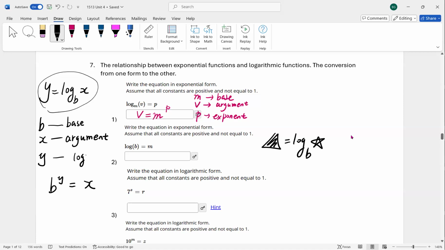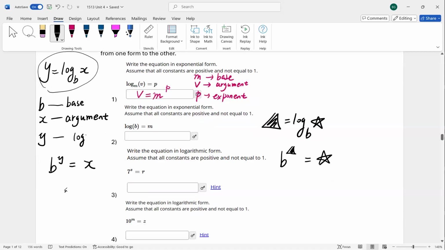So if we want to convert this equation to its equivalent exponential form, then we would have the base carrying the log. Since the triangle is the log, right? The log, a piece of wood, on the shoulder of the base equals the argument. That's how it works. So this is how you go from logarithmic form to its equivalent exponential form.